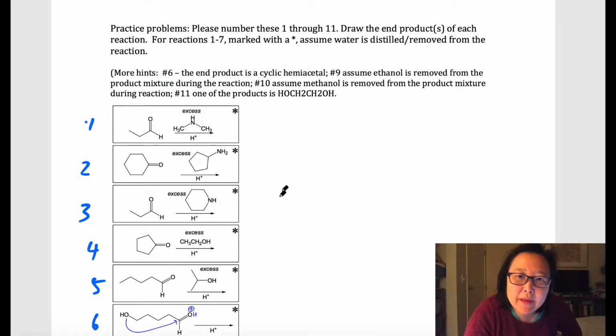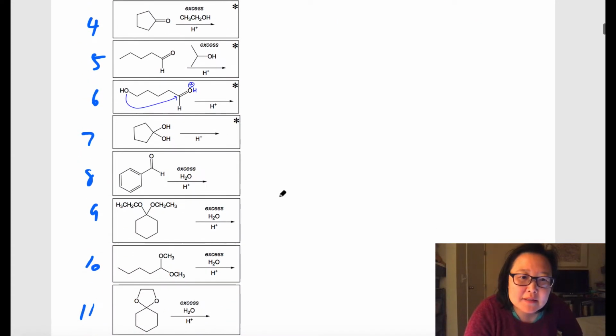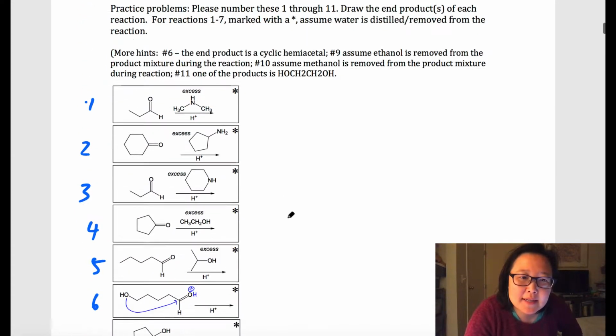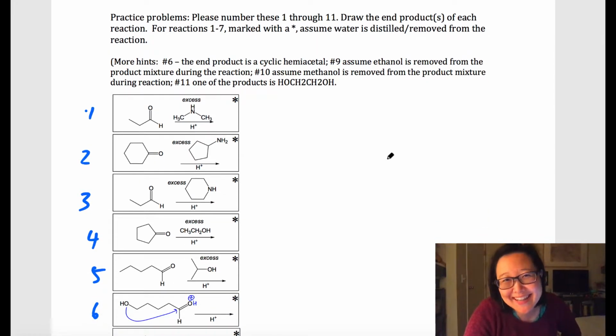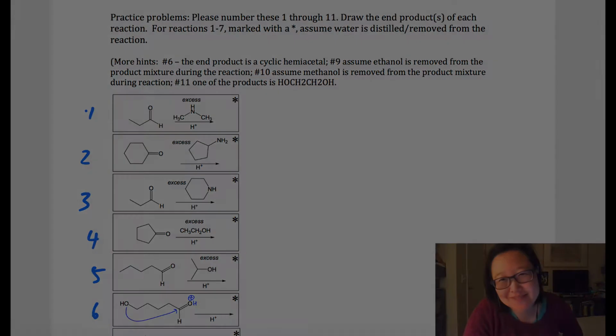Number 10, assume methanol is removed to drive that reaction forward. And number 11, one of the products is this molecule here. This is ethylene glycol. Okay. All right, go ahead and pause it. Okay, really do it. Pause it and try it, and then come back and we'll compare our answers.